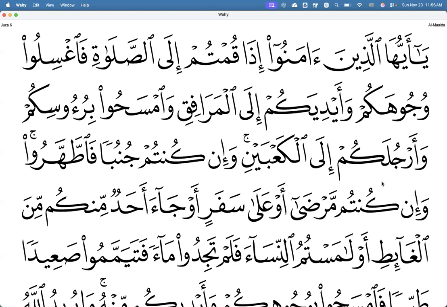Now, there are different recitations. I think we've spoken about that. There are different recitations in which this is actually arjulikum. And guess how our Shia brothers and sisters do the wudu? They wipe, they do the masah of their feet.